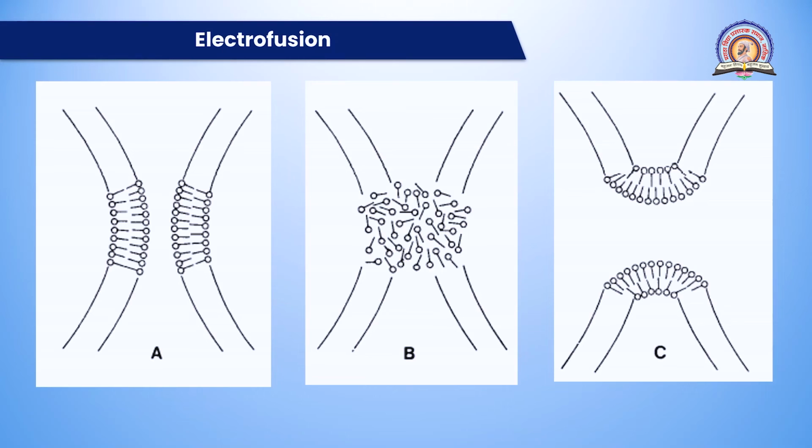But in the last figure, the lipid bilayers are vertically aligned, which indicates that there is a complete equal distribution of the two protoplast contents which were separate initially. After electrofusion, both of the protoplasts are now mixed with each other equally, giving you a hybrid cell.